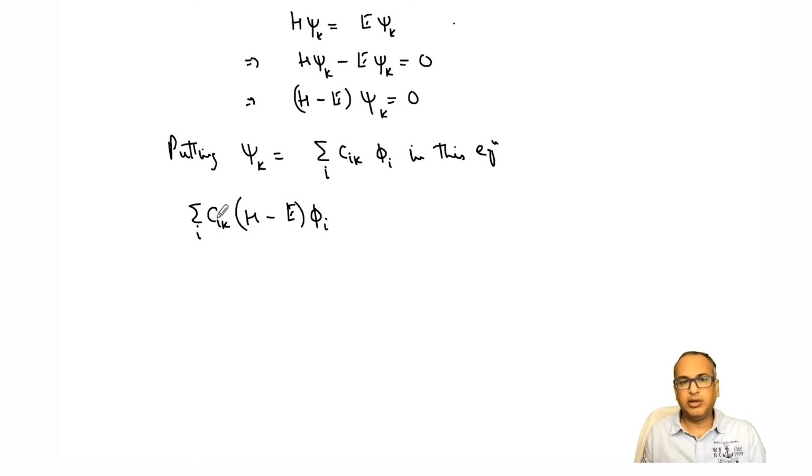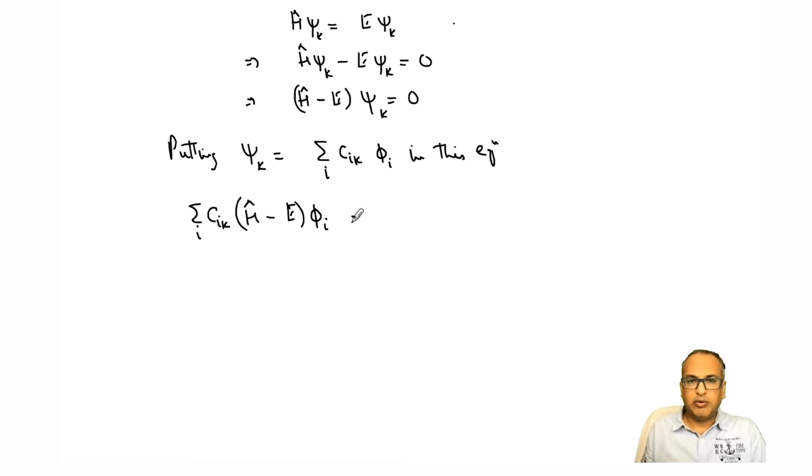H is the operator which will act only on phi i, because this is the function and c ik is the constant, so c ik will come out of this operator.